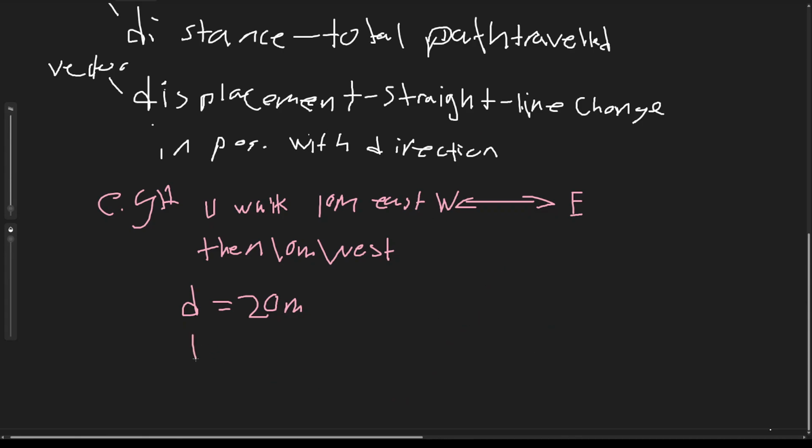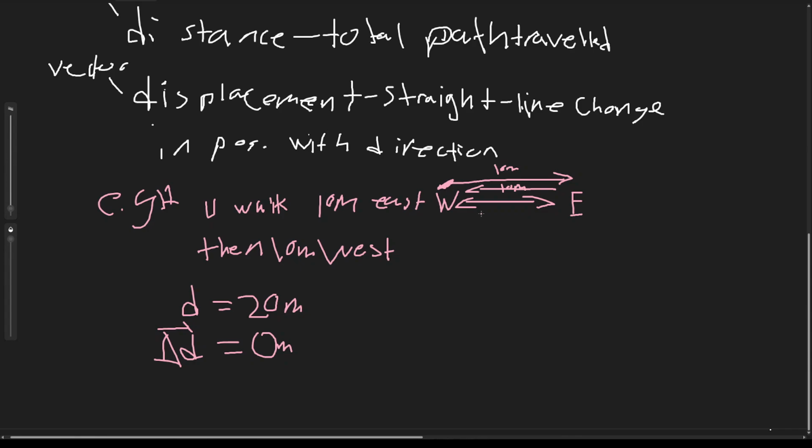But your displacement would actually be 0 meters because you started here. Let's say you start there, then you walk 10 meters east, and then you walk 10 meters west. Did your net position really change at all? Not really. You went back to the same place you started.